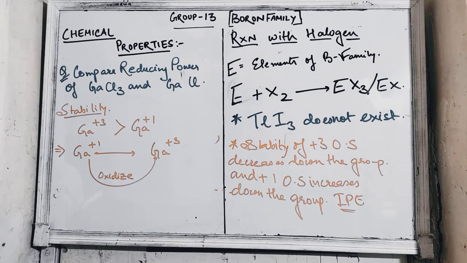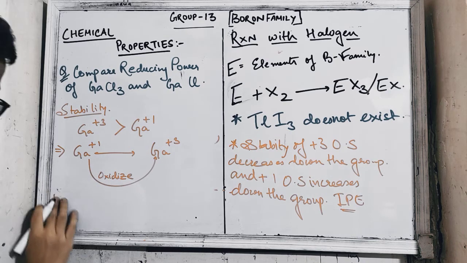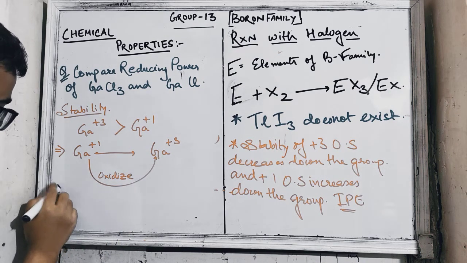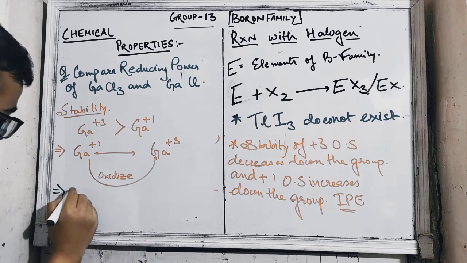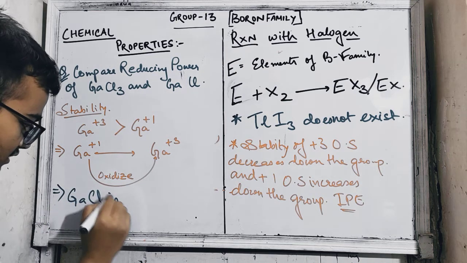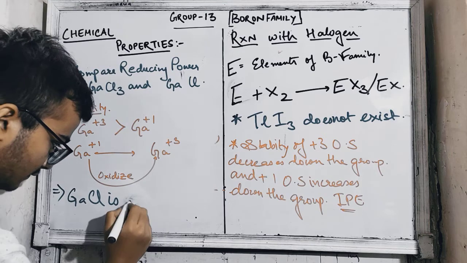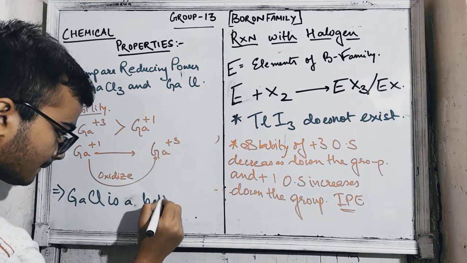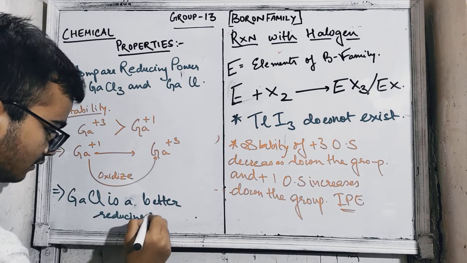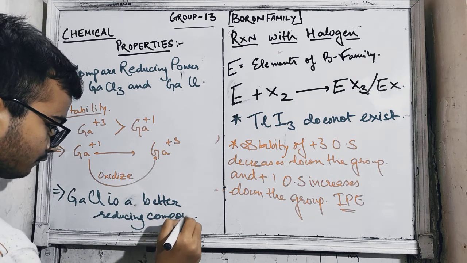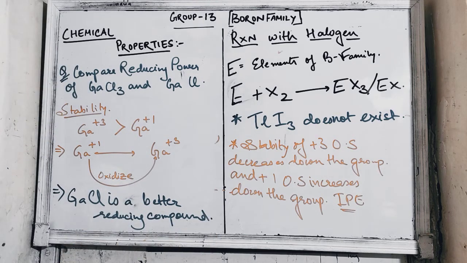We have studied in redox that if an element is getting oxidized, that means it is a reducing agent. Which implies GaCl is a better reducing compound. Copy it down.